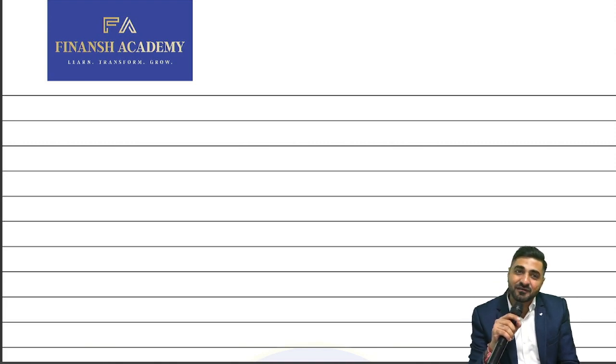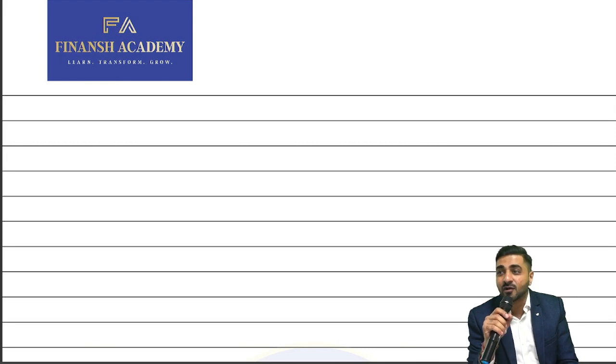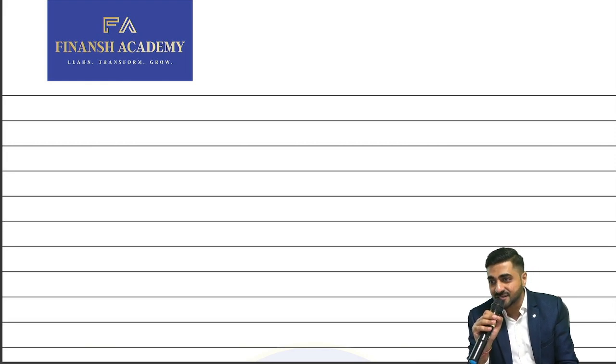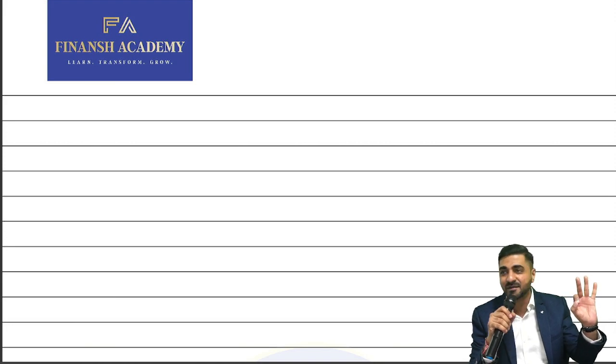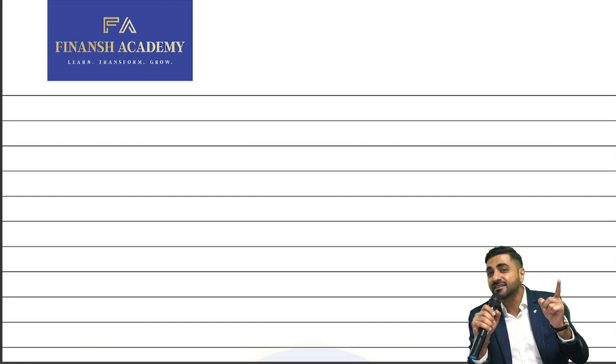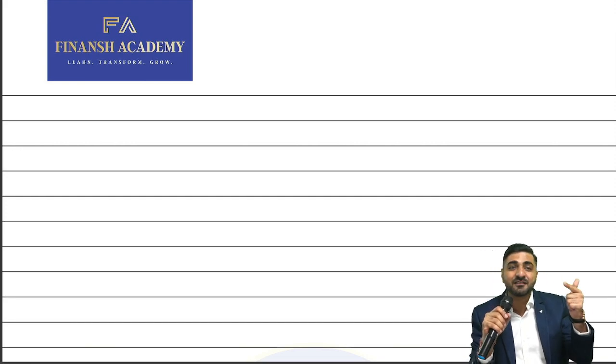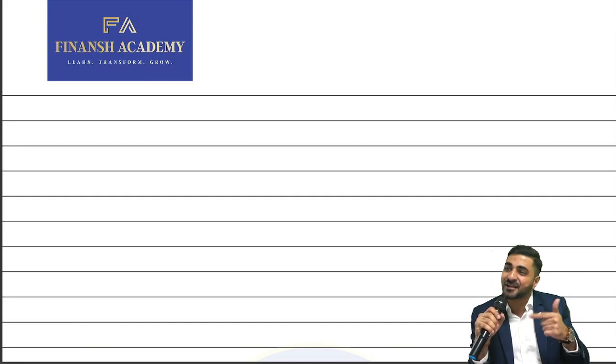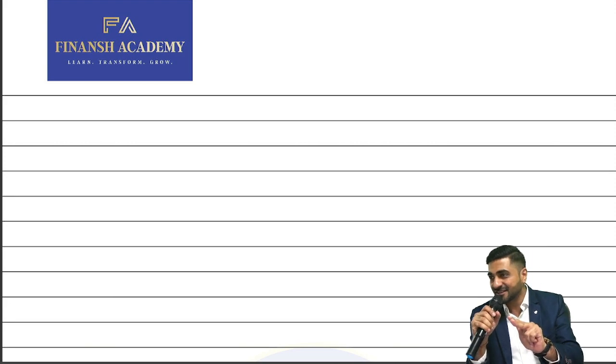And the third type is called dividend policy decisions. The entire subject of FM revolves around these 3 types of decisions. The first one is financing, the second is investment, and the third is dividend policy decision.